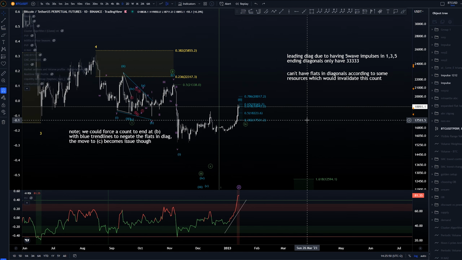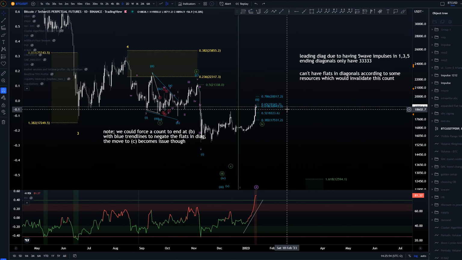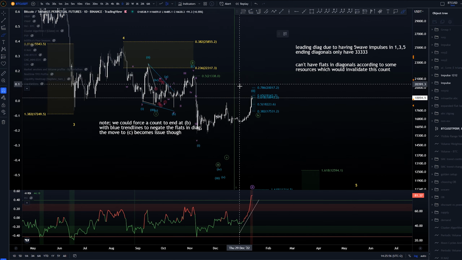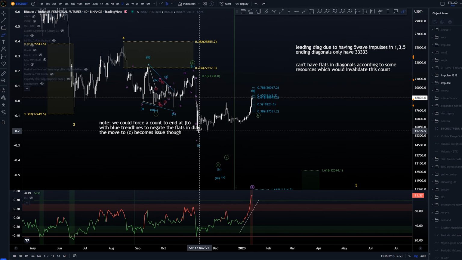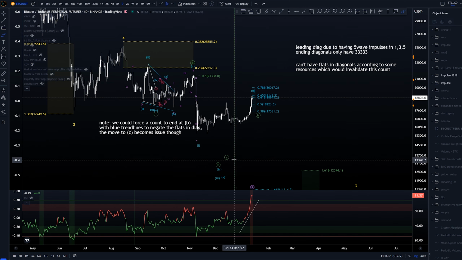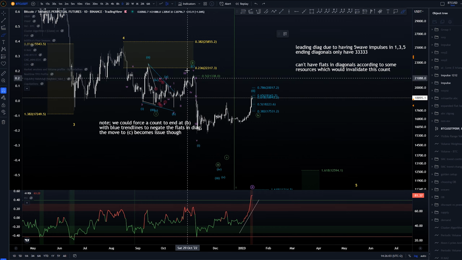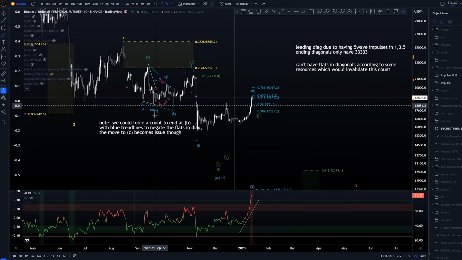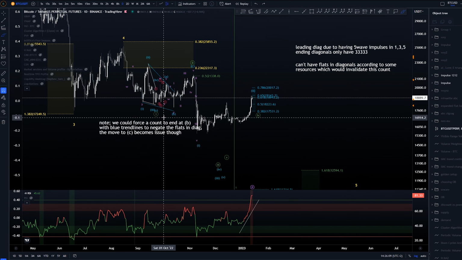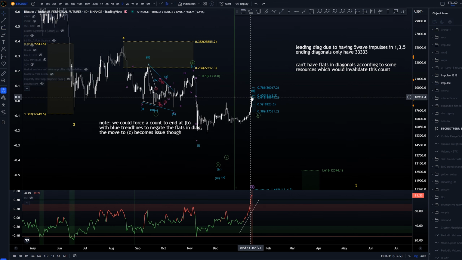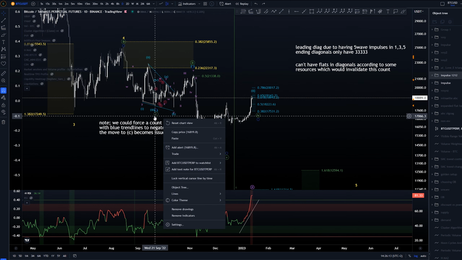Now what is making this count a bit less valid or less probable, let's say, is that the wave 2 size in time is larger than the higher degree one. Even if we are pulling this wave 1 up into these lows, it is quite a bit shorter than the wave 2 of smaller degree, which is definitely not something common.